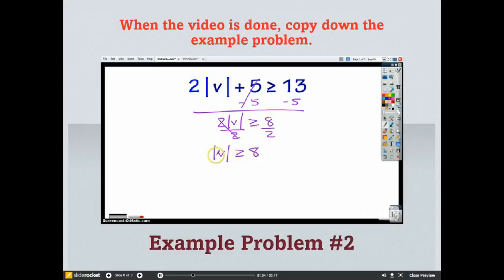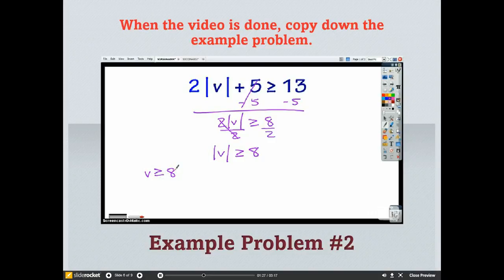Because when you take the absolute value of those numbers, they become greater than or equal to 8. Well, the way it turns out is basically we're looking at the two different cases for this inequality. One case is thinking of it like this, where v can be all numbers greater than or equal to 8.